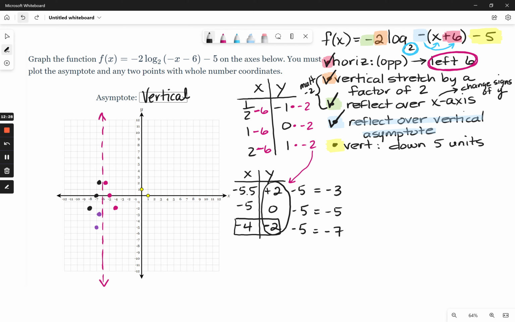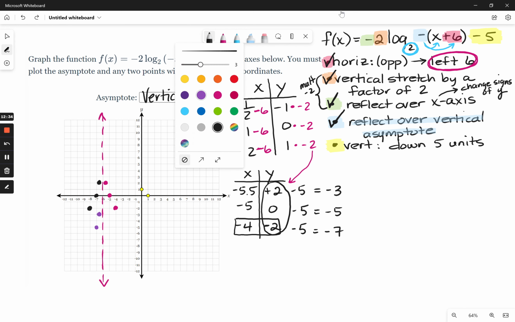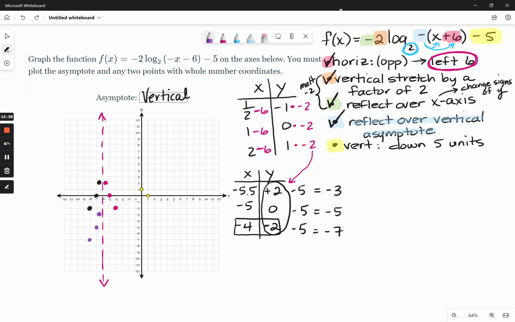And so now I can go down 5 units. 1, 2, 3, 4, 5. And so my purple is right here. Now it makes sense. -4, -7. Okay, and so now when you click graph, obviously it will graph this purple graph. Sorry for the confusion there. My chart was correct. I just had plotted it in the incorrect spot.